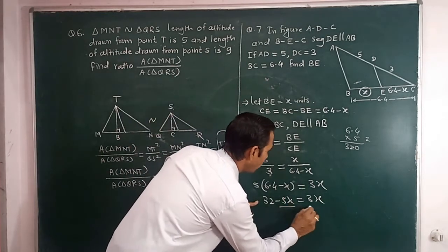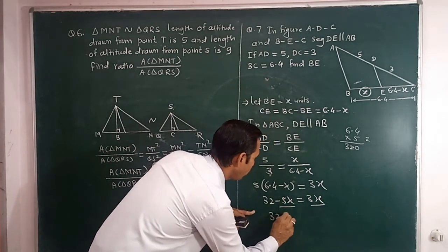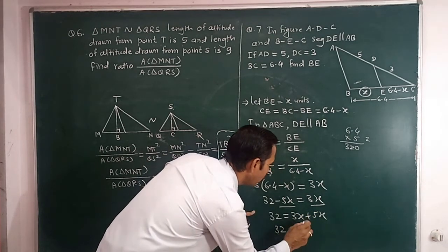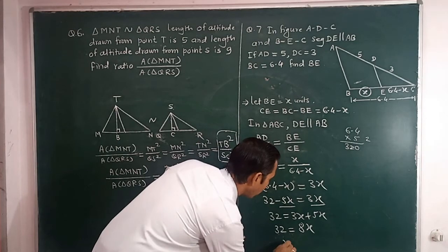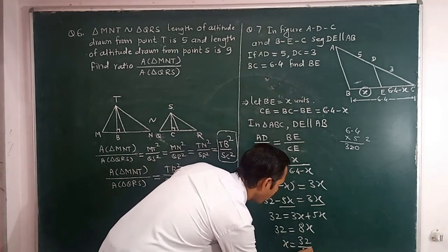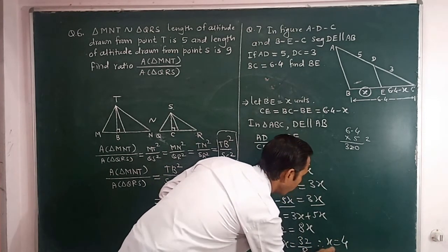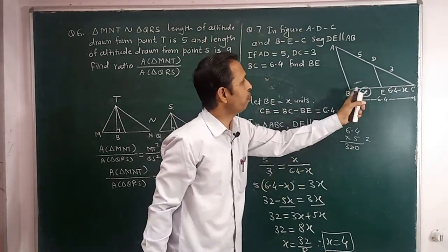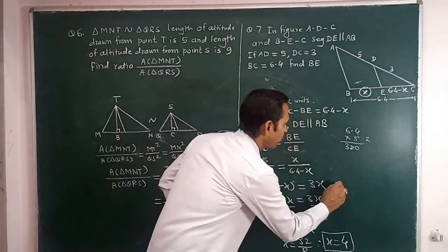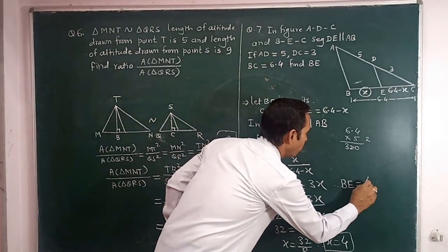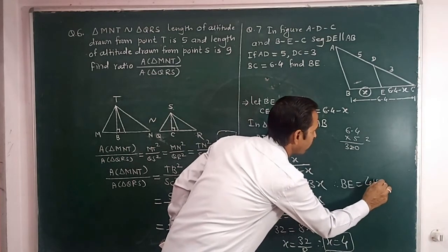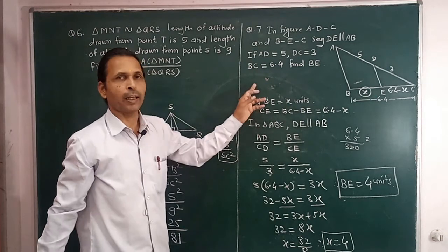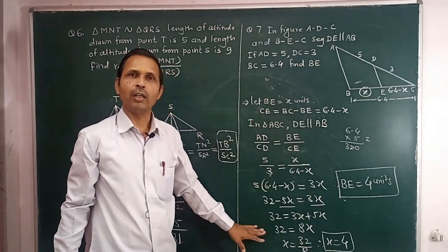Now take the similar terms on one side. 32 is equal to 3x plus 5x, so 32 is equal to 8x, and x is equal to 32 upon 8, hence x is equal to 4 units. x means which segment? BE, and that's why BE is equal to 4 units. Now in this way, by the basic proportionality theorem, it is very easy to solve this example.